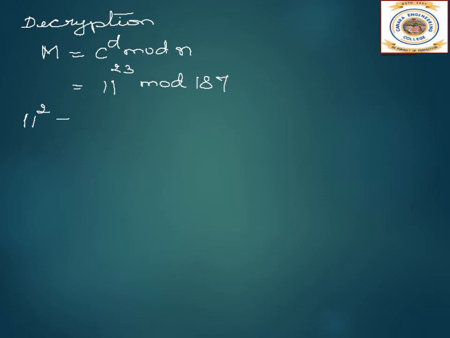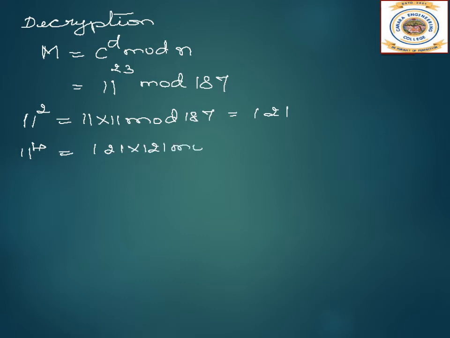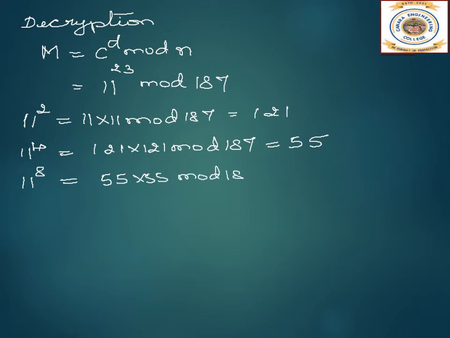So 11 square will be what? 11 into 11 mod 187. So we get this as 121. 11 to the power 4 will be 121 into 121 mod 187. So we get this as 55. 11 to the power 8 will be 55 into 55 mod 187.